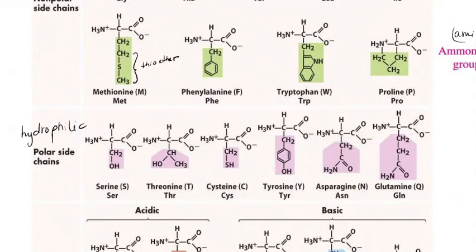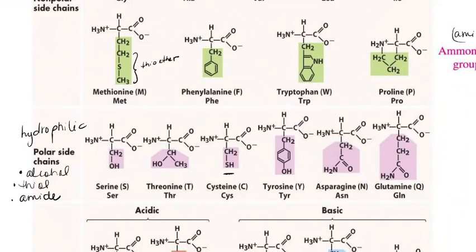And when it comes to the functional groups that we see here, we can notice that we have alcohols, we have thiols, and lastly, we have amide in the side chains. Again, the side chain is going to be anything that is highlighted, and here we have it highlighted in pink.